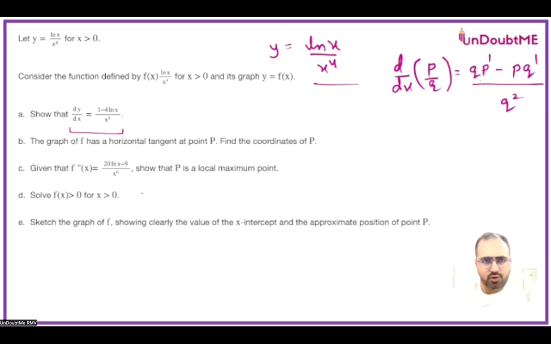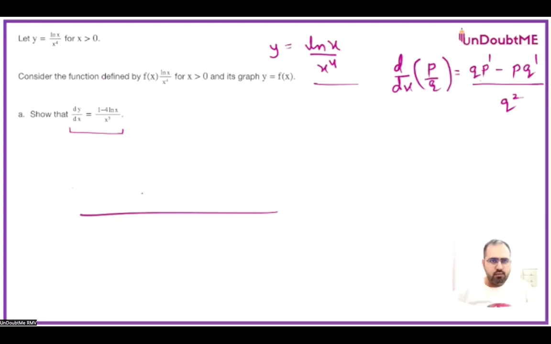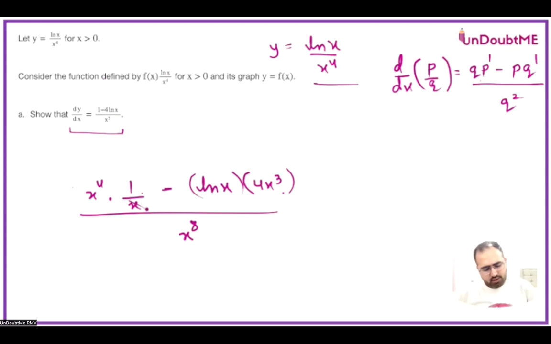Okay, so I'll wait for 2 minutes if you can get it. So it will be x to the power 4 times differentiation of ln x, which is 1 over x, minus ln x times differentiation of x to the power 4, which is 4x cube, all over x to the power 8. x cube is common in both the numerator terms, so I'll take x cube out.